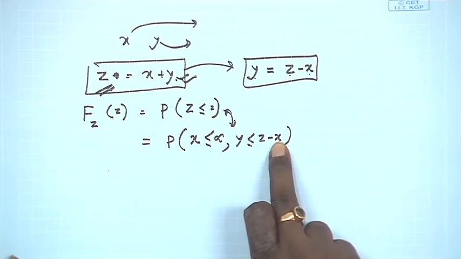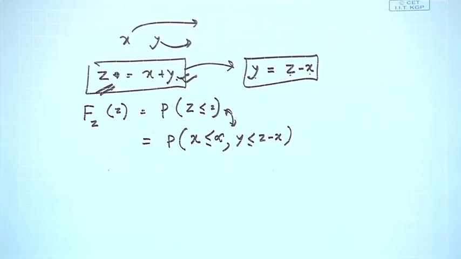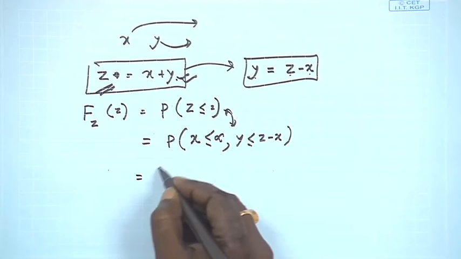Whatever the value of x, y must be less than or equal to z minus x. Then whatever the associated things, the overall z will always be less than this z if I ensure these two things, because z is always created by the addition of these two. As long as I ensure this, I will have this. So, if this is the case, I can always write this.